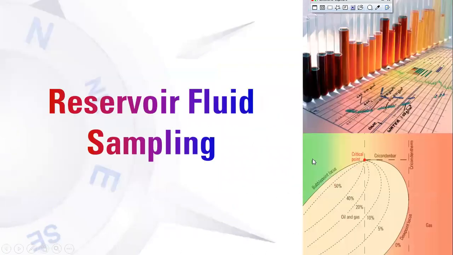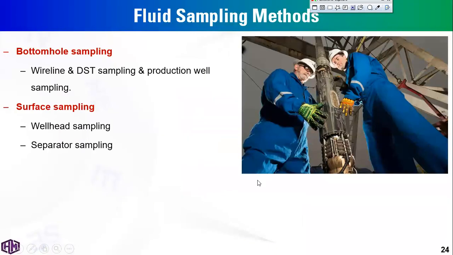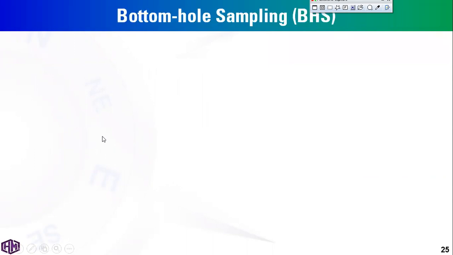As a quick overview of reservoir fluid sampling, we have two main techniques: bottom hole and surface sampling. Surface may be wellhead sampling, and the widely used technique is separator sampling. Bottom hole sampling is to collect a fluid sample at the reservoir pressure and temperature.